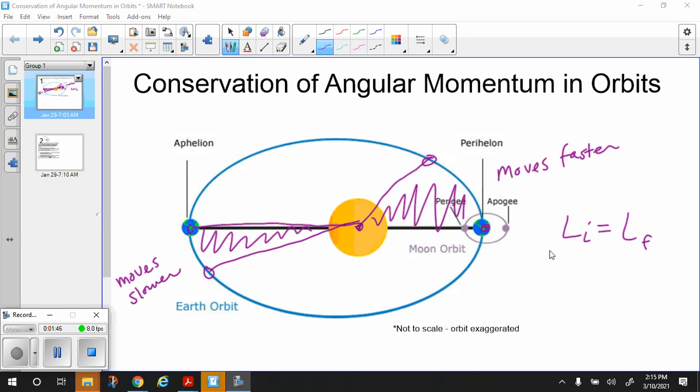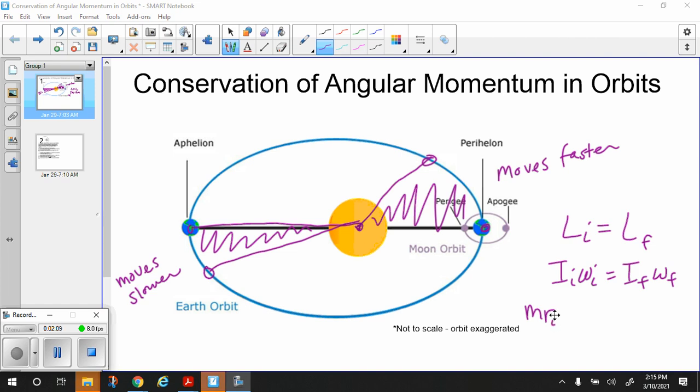So we would determine that by doing I initial times omega initial, and that's equal to I final times omega final. Now for I, we're going to use mr squared. So mass of the Earth is constant, but the radius is not constant.